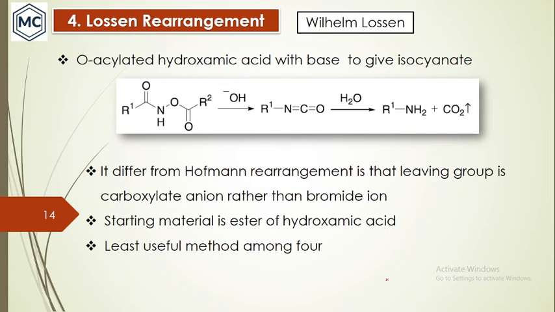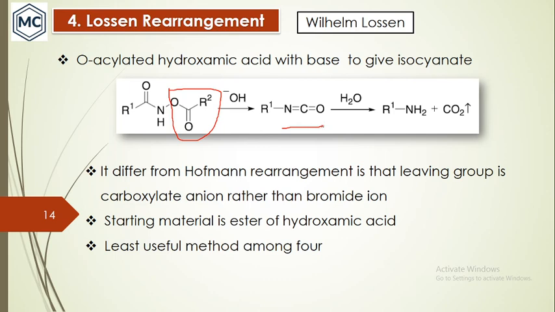Okay, and the last reaction is the Lossen reaction. This is named after Wilhelm Lossen, and in this reaction, the O-acylated hydroxamic acid, that is the difference, RCONHOX, where X is here an RCO group. O-acylated hydroxamic acid with base gives first isocyanate.